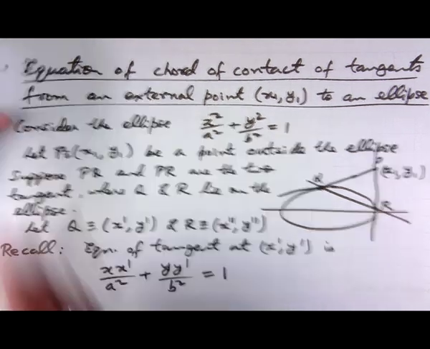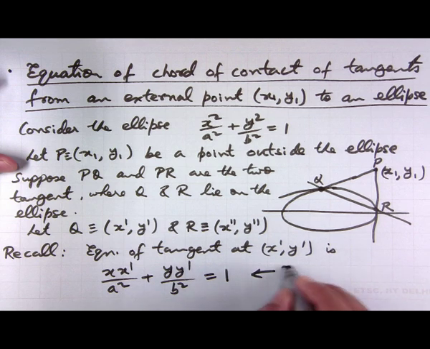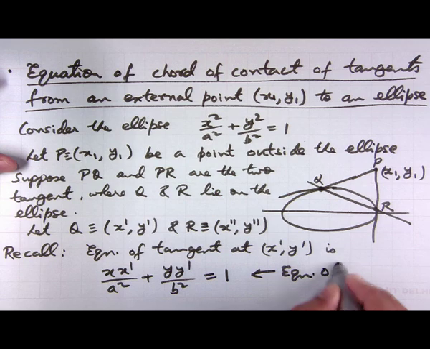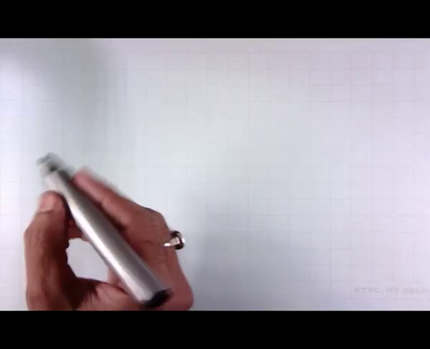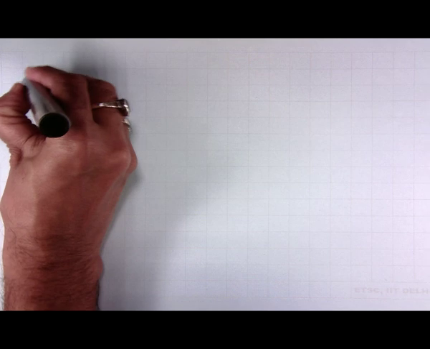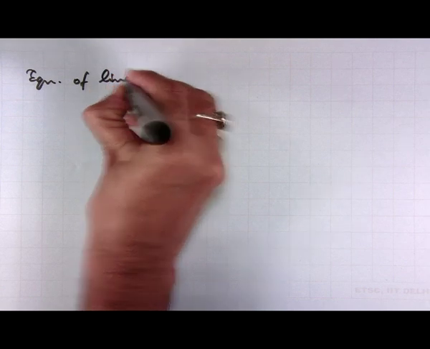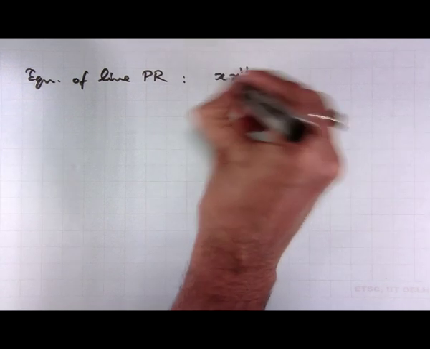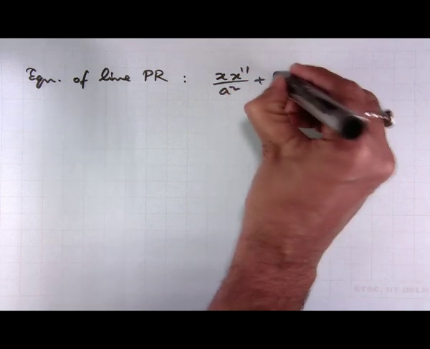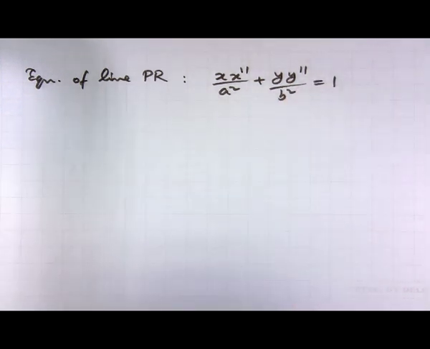So, in this case this will be the equation of line PQ, and similarly the equation of line PR is x double dash x by a square plus y double dash y by b square equal to 1. So, these are the equations of the lines PQ and PR.